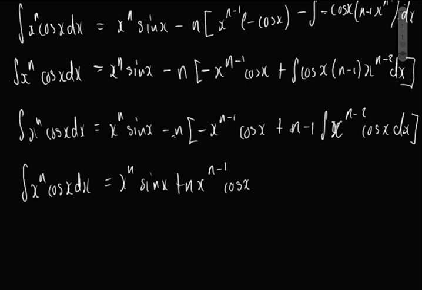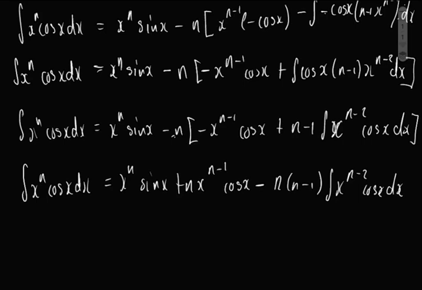Then minus times plus becomes minus, so it's minus n multiplying (n minus 1), times the integral of x^(n-2) cos x with respect to x.